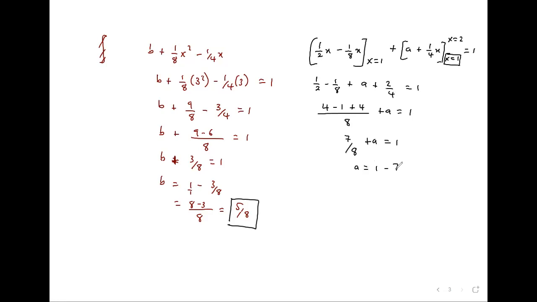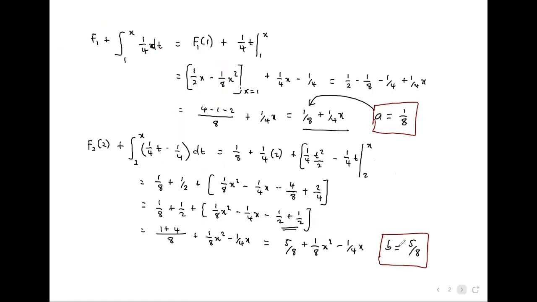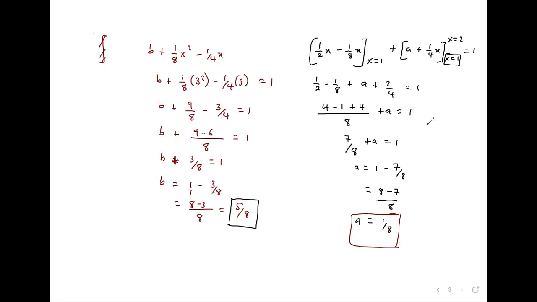So 1 minus 7 over 8, 8 minus 7 over 8, 1 over 8 plus A. A is 1 over 8.